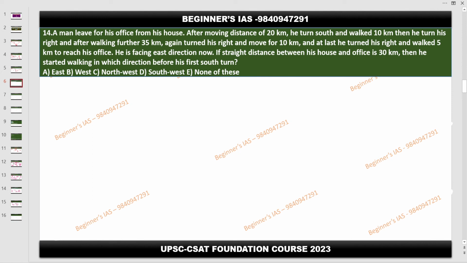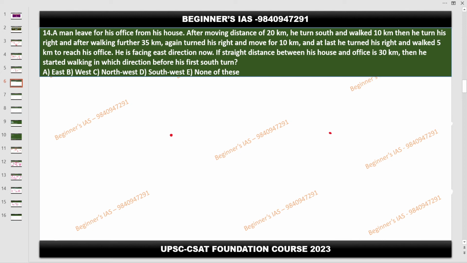Then he turned his right. After walking a further 35 km, again he turned his right and moved for 10 km. At last he turned his right and walked 5 km to reach his office. He is facing east direction now. If the straight distance between his house and office is 30 km, so that is the thing.